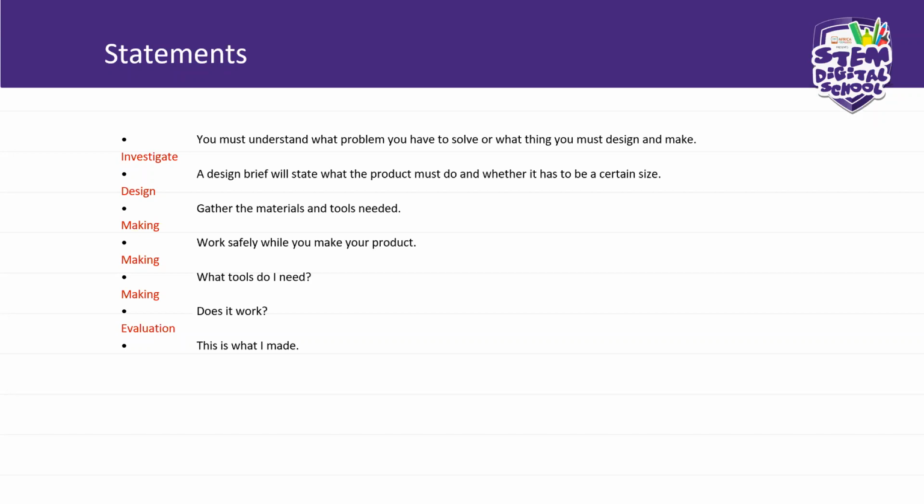If it is exactly what the client specified, you do that at the evaluation stage. You check all the specifications if this finished product complies.